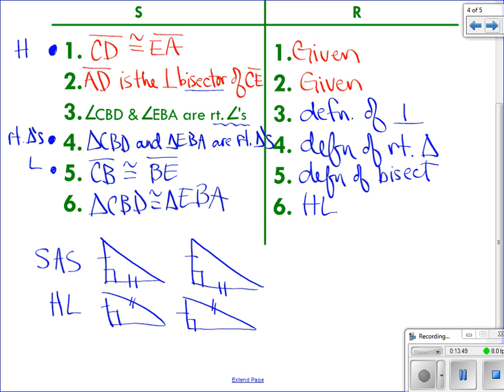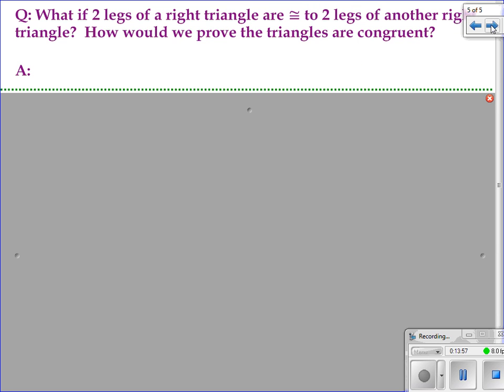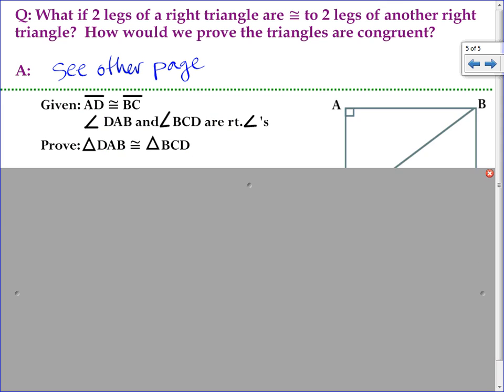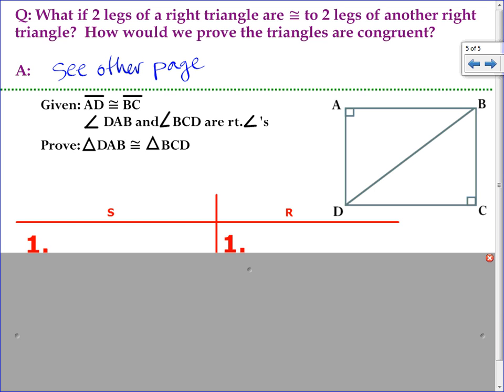All right, I'm going to have you guys, oh, we just talked about this. If two legs of a right triangle, just say see other page. Got ahead of myself there. All right. Only 5 steps on this one. I'm going to give you a head start on this.